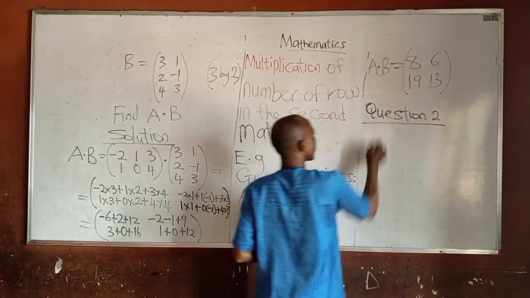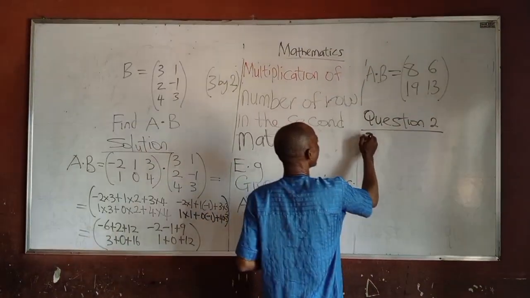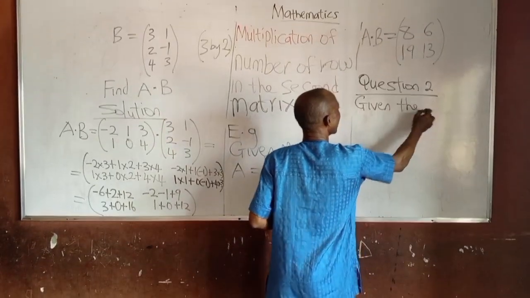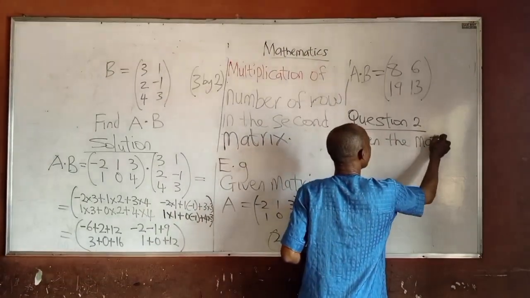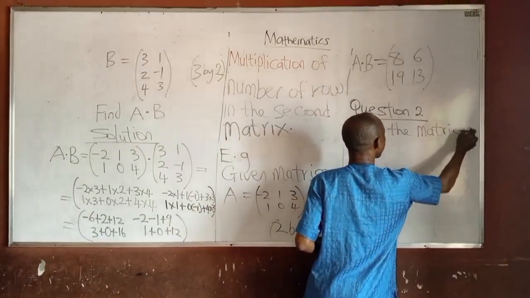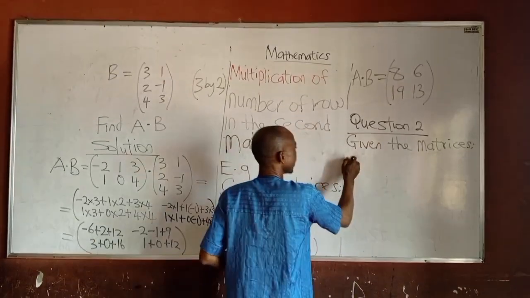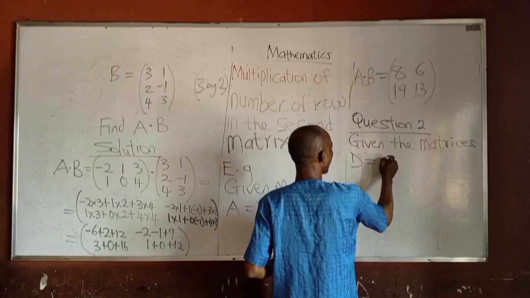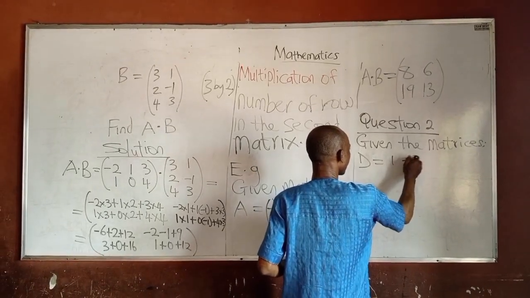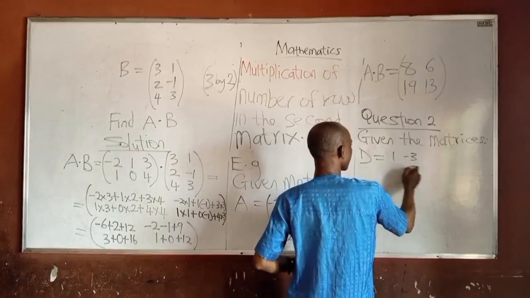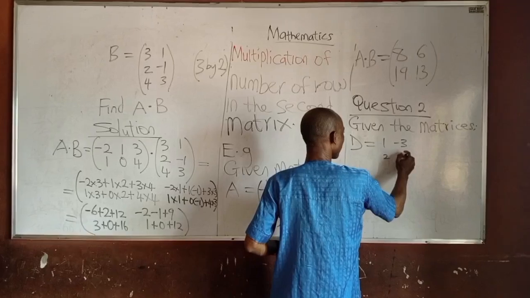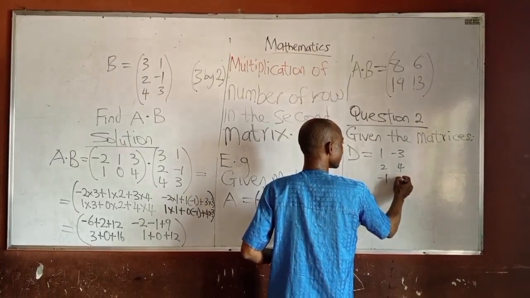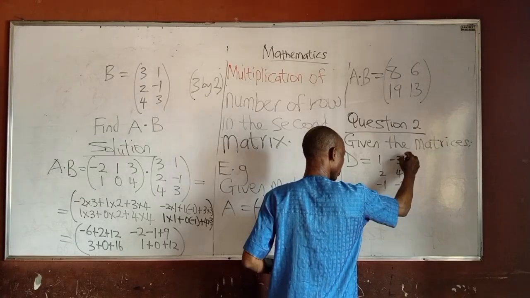Question 2. We are going to give the matrices. Let's say D is equal to 1 minus 3, 2, 4, minus 1, minus 2.